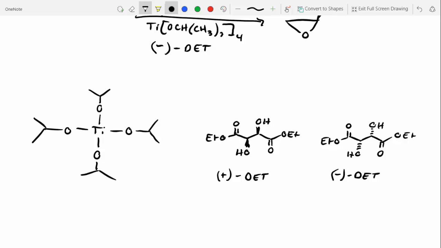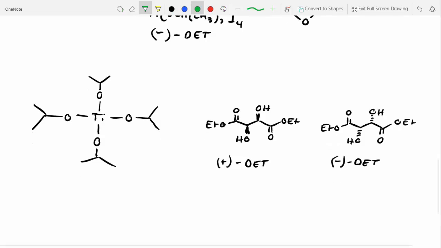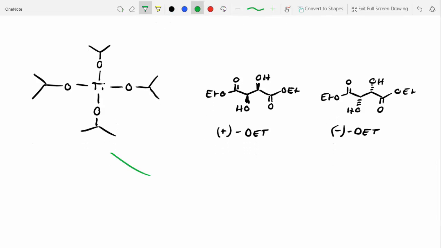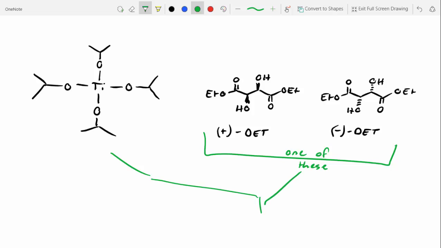When you mix these together, you form a chiral catalyst. So you can pick one. When you mix these together, you form a chiral catalyst that will only react with one side of your alkene.